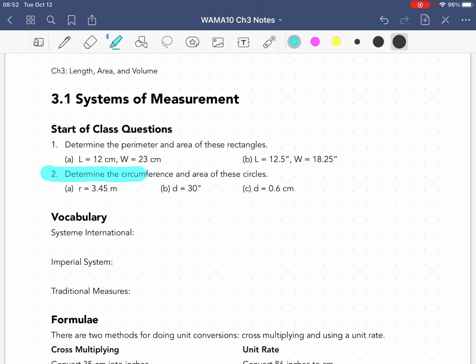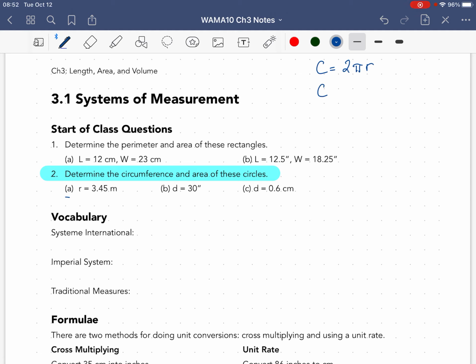Let's take a look at one from number 2. Determine the circumference and area of these circles. So letter A. I say the formula as I'm writing it out. Circumference is equal to 2 times pi times the radius. In this one, there are only 2 variables. Pi is a constant. We know what pi is, 3.14159, and so on.